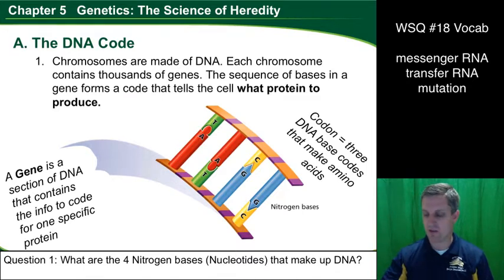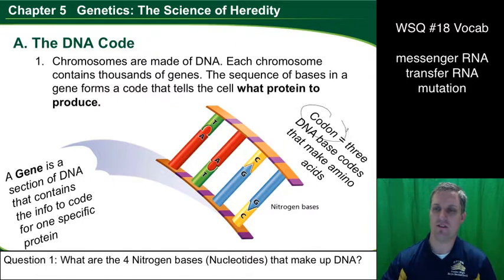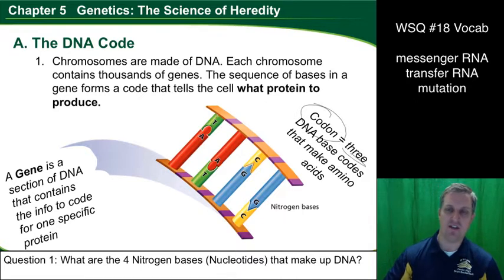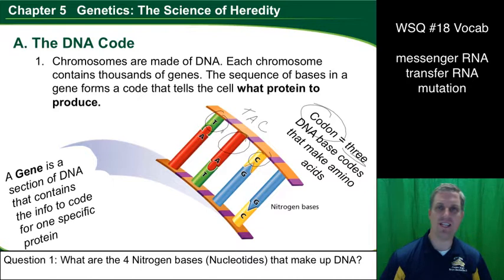There's also something else we need to know. There's a word known as a codon. A codon is actually 3 DNA bases, 3 DNA base codes that make an amino acid. So every 3 bases, let's say in this case TAC, on the genetic DNA information actually codes for a particular amino acid.